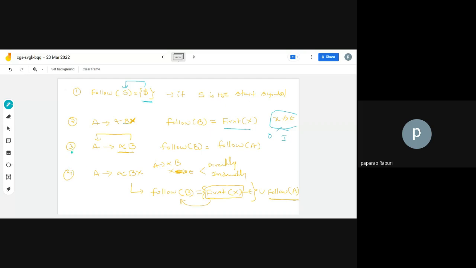And coming to the third rule, A is deriving alpha B. In this case, follow of B is equal to follow of A, because there is no terminal or non-terminal after B. And coming to the fourth rule, A is deriving alpha B X, and X may produce epsilon directly or indirectly.